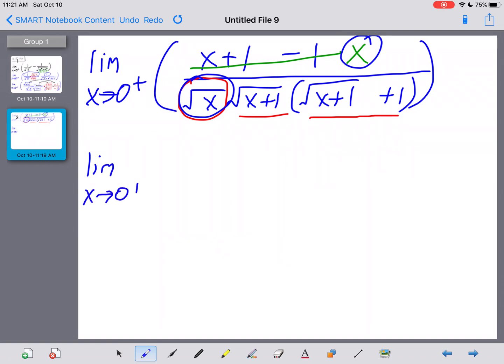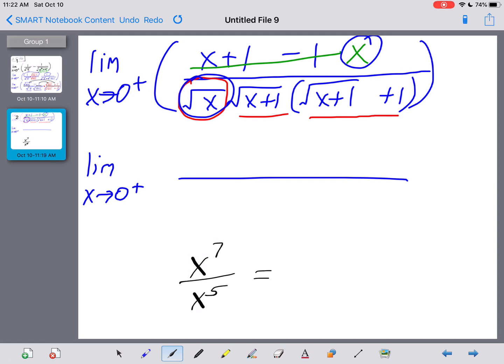Limit as x approaches 0 from the right of, and here we go, we've got an x on the top and a square root of x, which is x to the 1/2, down on the bottom. Well, remember, guys, that anytime you're simplifying something like x to the 7th over x to the 5th, your base is going to stay the same, and for your exponent, you take the numerator exponent minus the denominator exponent, and this just becomes x squared.